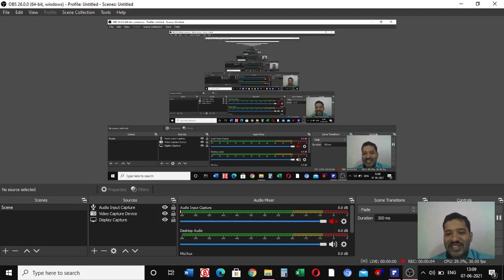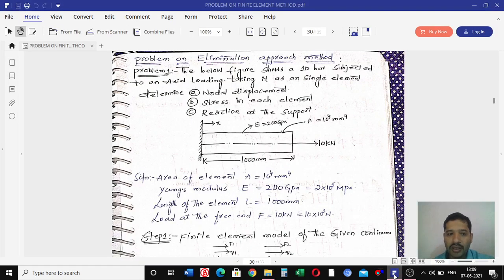So today in the session we are going to learn the first problem on the elimination approach method. This figure shows a one-dimensional bar element subjected to axial loading.